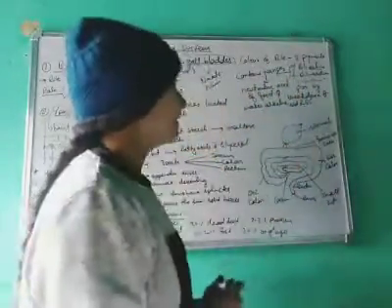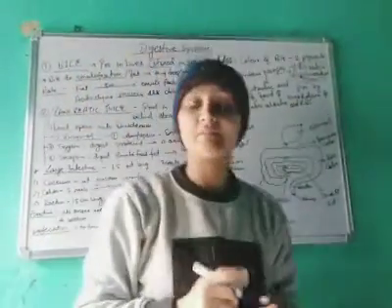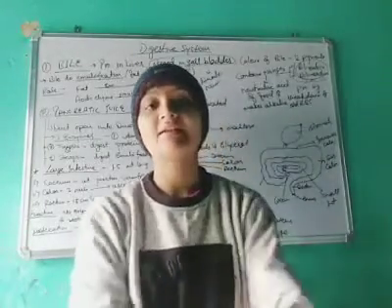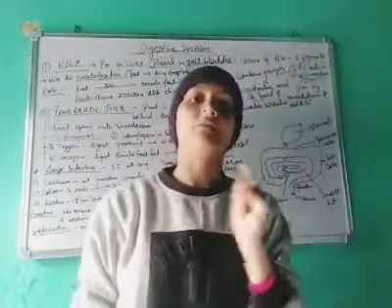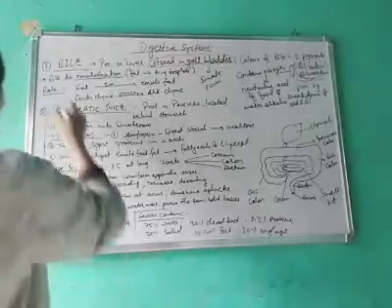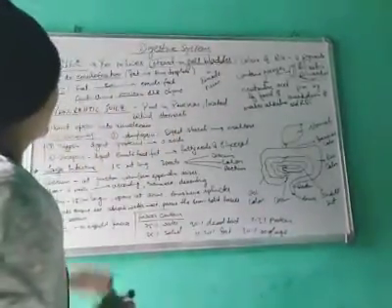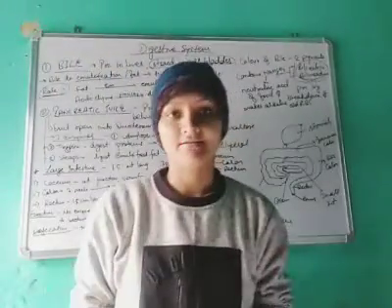Okay. The bilirubin and biliverdin are produced by the breakdown of old RBCs. Old RBCs get broken down and then form bilirubin and biliverdin in the liver. So what is the role of bile? It converts the fat into emulsified fat.